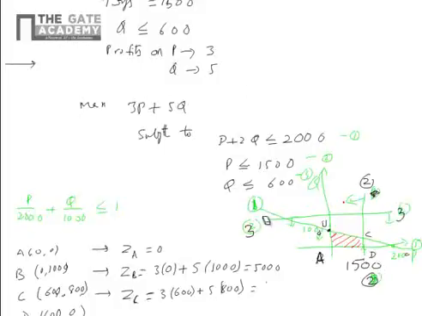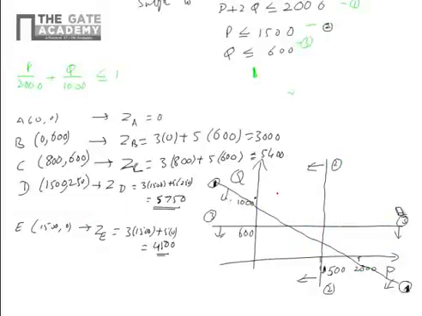If you substitute the values of A, B, C, D, E, you will get a maximum of 5750.